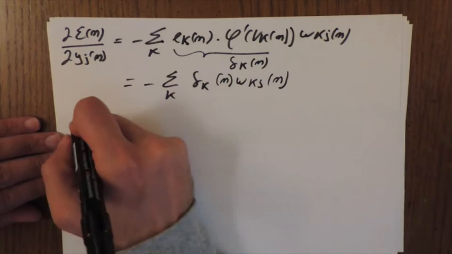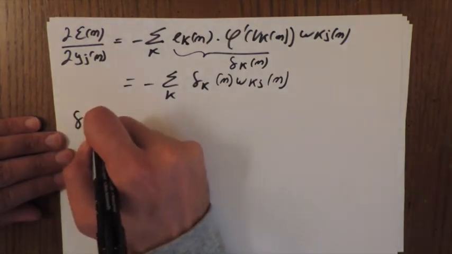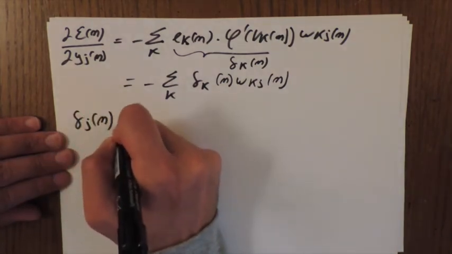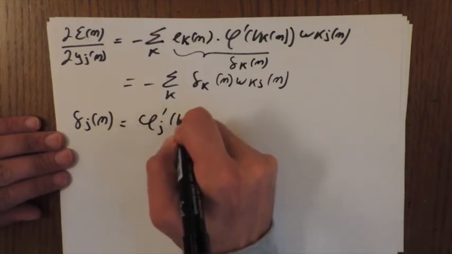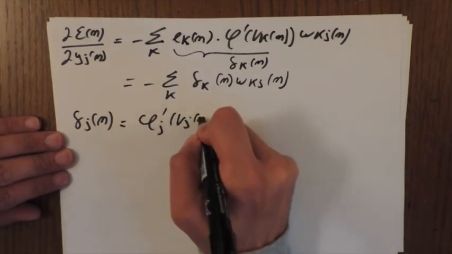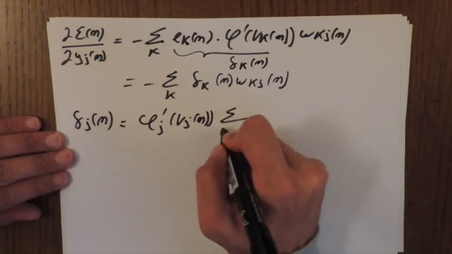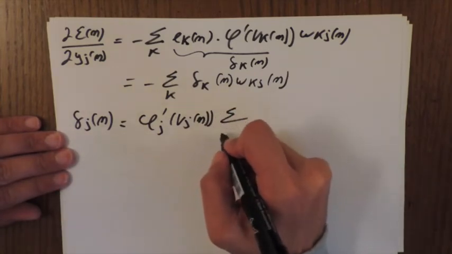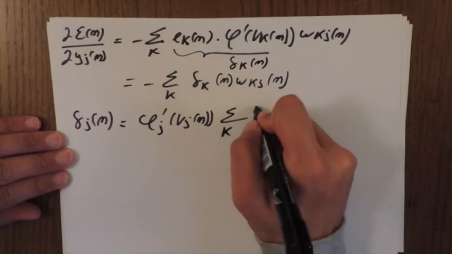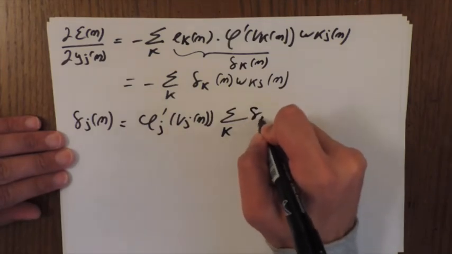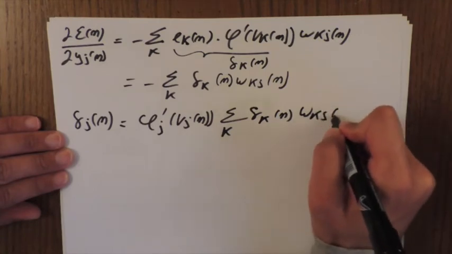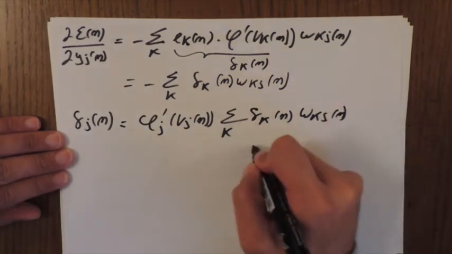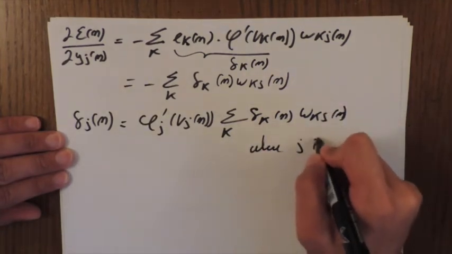So now we have the local gradient for the hidden layer, which is equal to phi prime j of vj of n times the summation over k of delta k of n wkj of n, where j is the hidden neuron.